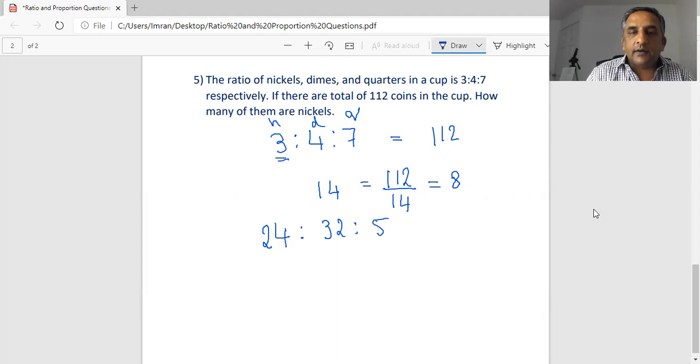So this will be the ratio of all of them. If there are 112 coins, how many nickels will there be? There will be 24 nickels. And there will be dimes, how many? 32. We can write D here, and there will be Q here.